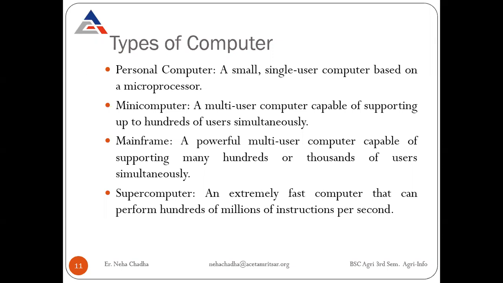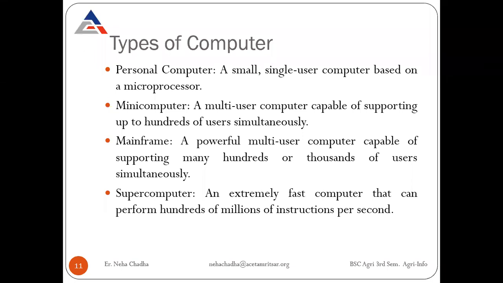Each computer carries one sort of processor, but it depends on the configuration. Some computers may have a high-configuration processor or some may have a low-configuration processor. The computers we generally use in our practical labs are general computers with normal configuration. We don't need any high-end configuration systems.